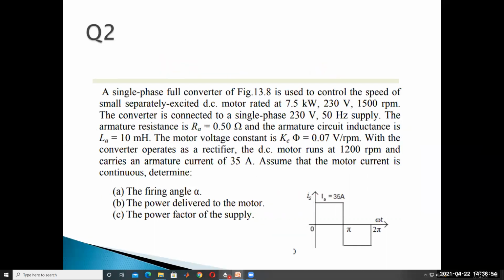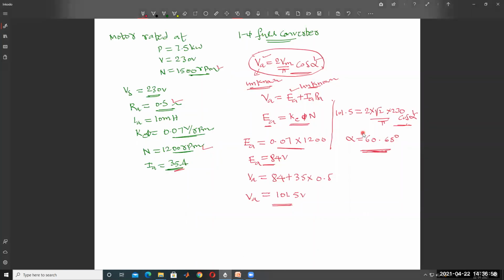The second question, B, is the power delivered to the motor, that is the average power.